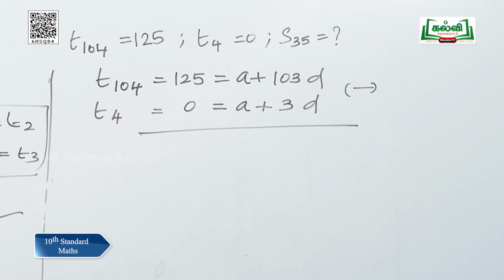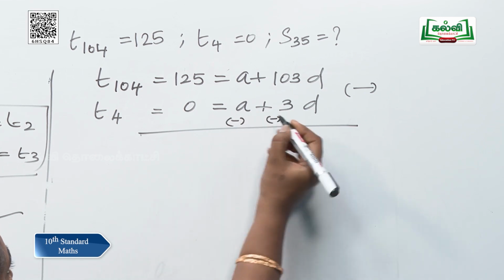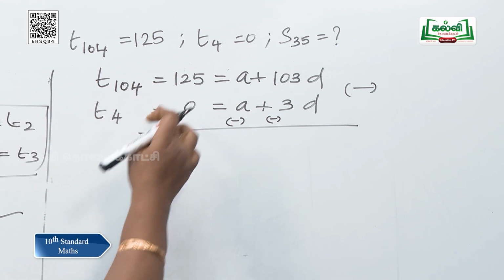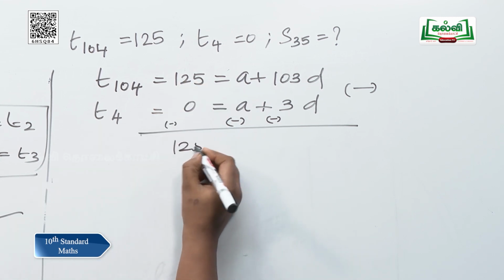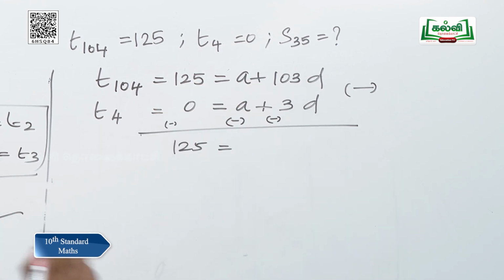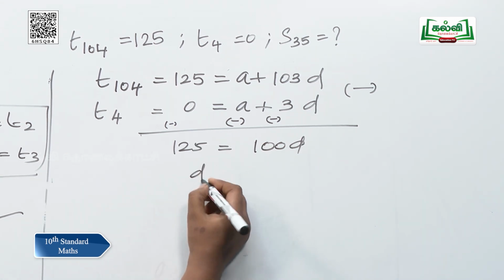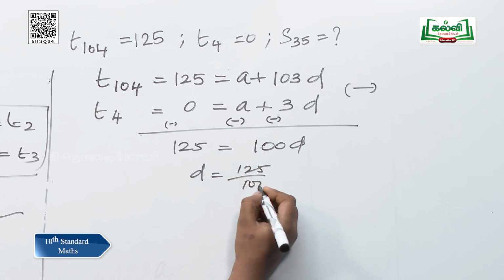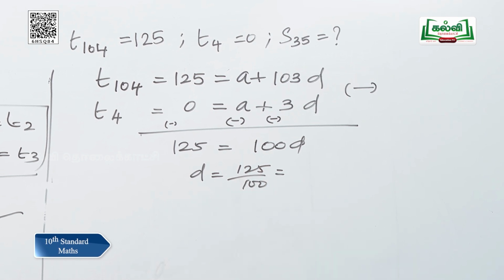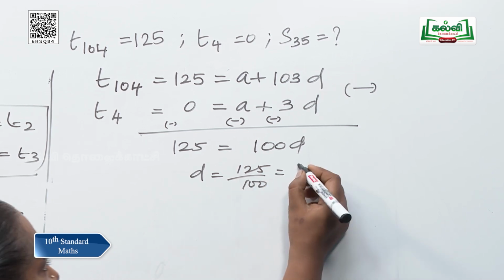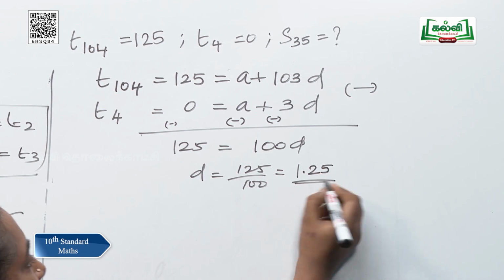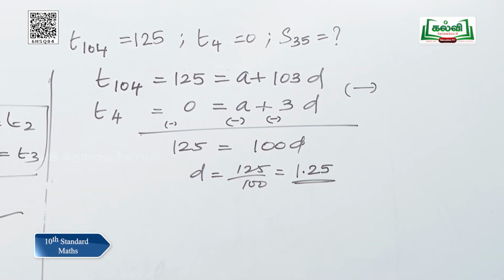So subtracting, you are going to change the signs and add. 125 minus 0 is 125, which is equal to A minus A becomes 0. 103D minus 3D becomes 100D. So 100D is 125, which means D is 125 by 100. You can simplify it by cancelling, or by keeping a decimal point. So D is 1.25, that is easier.